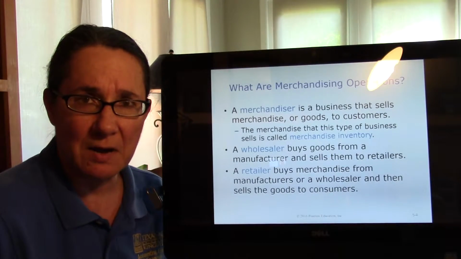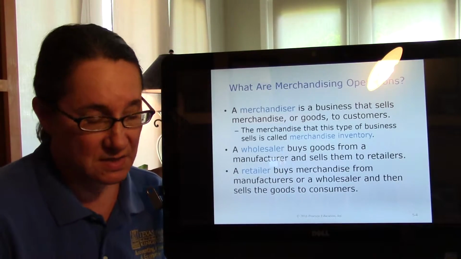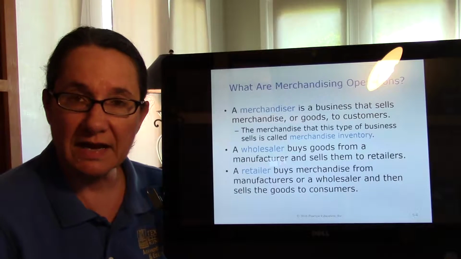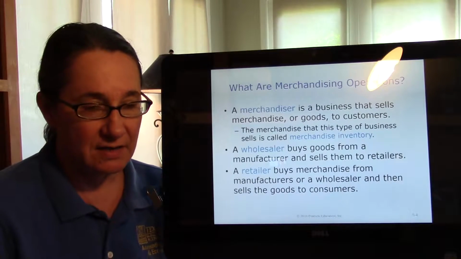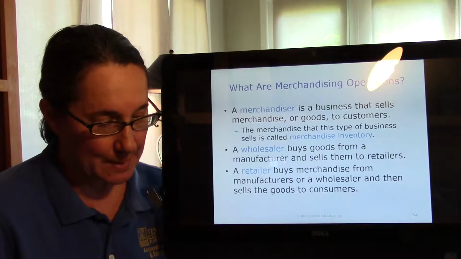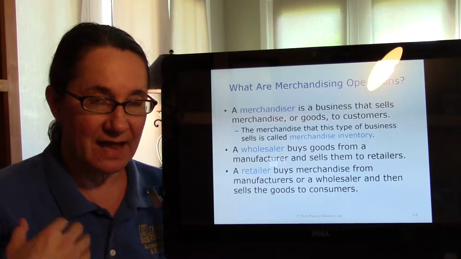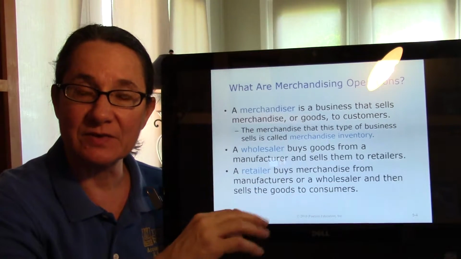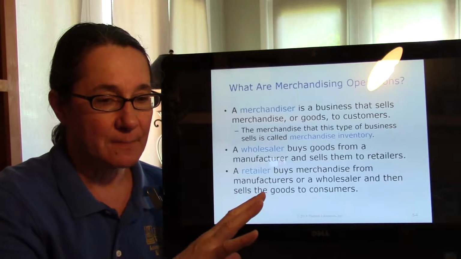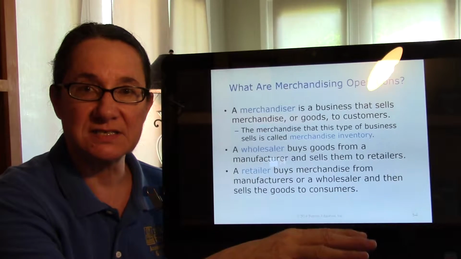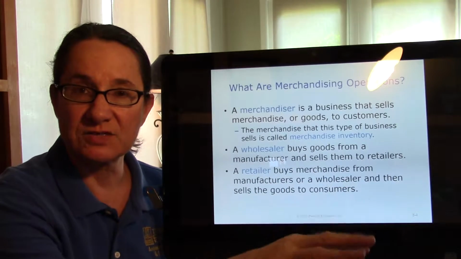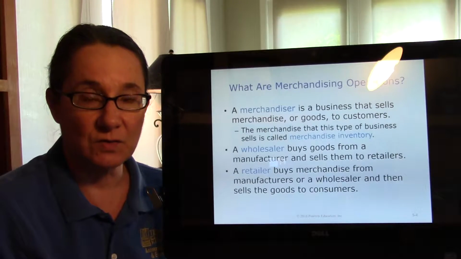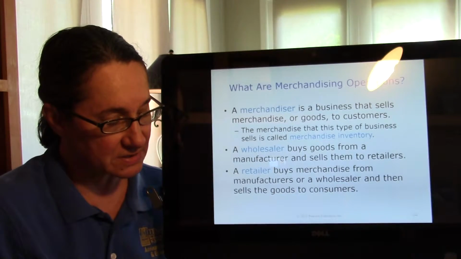So most of us probably don't ever deal with wholesalers because we're customers. We go to H-E-B or Walmart or Target and we buy stuff at the retailer. Now those retailers, they have to get their merchandise inventory from someplace. So you know, Walmart might purchase Tide and other soaps from Procter & Gamble, right? So they're wholesaling those products to Walmart.